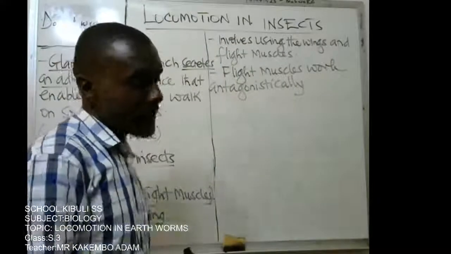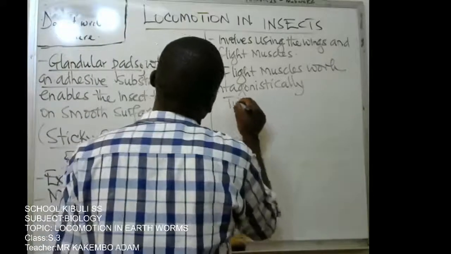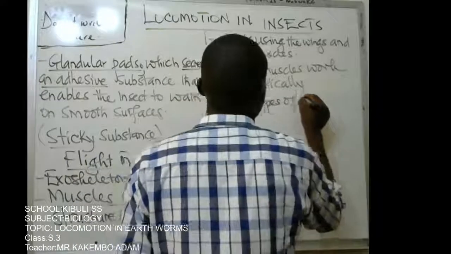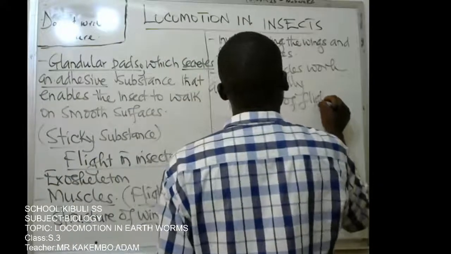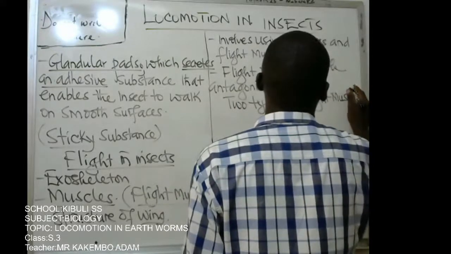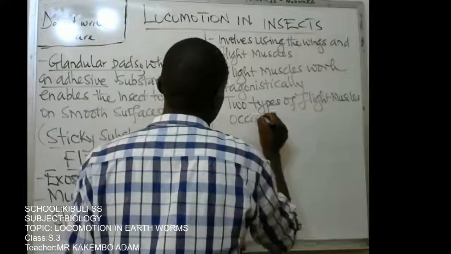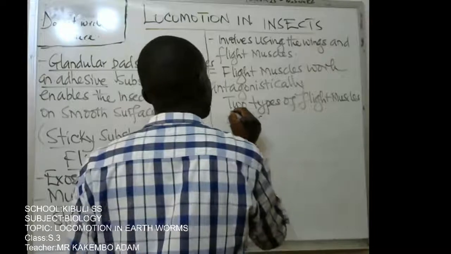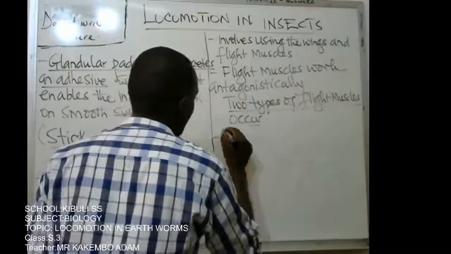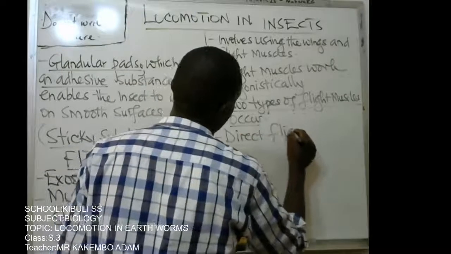Two types of flight muscles occur. The two types of flight muscles are: one, direct flight muscles.